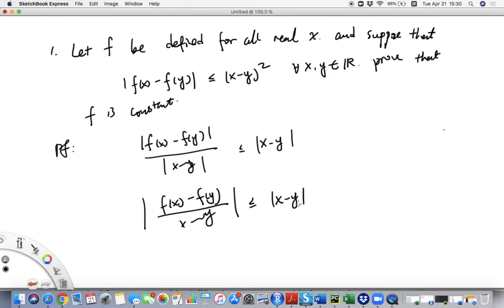We have this inequality, and then you take the limit as x goes to y. Then the right side goes to 0, and the left-hand side is nothing but the derivative at y. Now, y is arbitrary, so the derivative of the function f is 0 everywhere, so that shows f is constant. Okay, so that's number one.